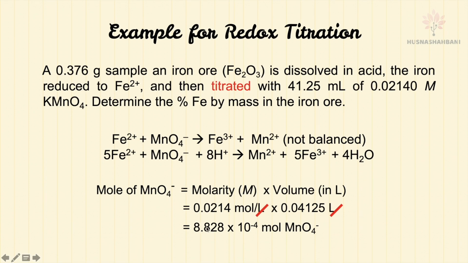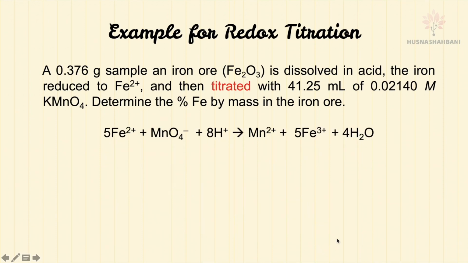It's 8.828 times 10 to the power of negative 4 mole MnO4-. Now, when we have the number of moles of MnO4-, you can compare with the number of moles of iron to get the actual number of moles of iron, and then you can get the mass of iron.